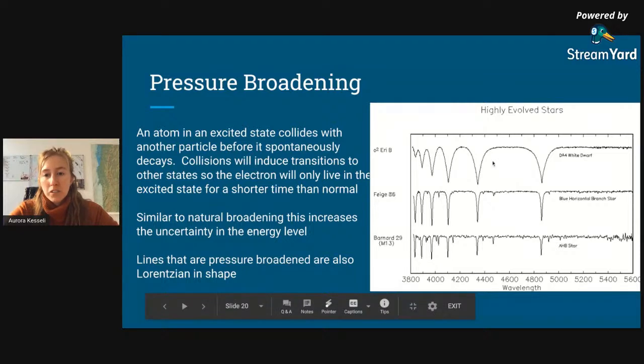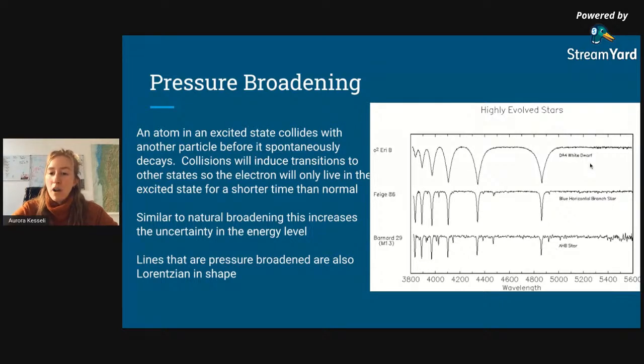And so here's a real example of differentiating between different types of evolved stars based on the pressure broadening of their hydrogen lines. So here in the top, we have a white dwarf, and white dwarfs are extremely compact and extremely dense. So they have extremely high pressure environments. And you can see that the lines have a huge shape.